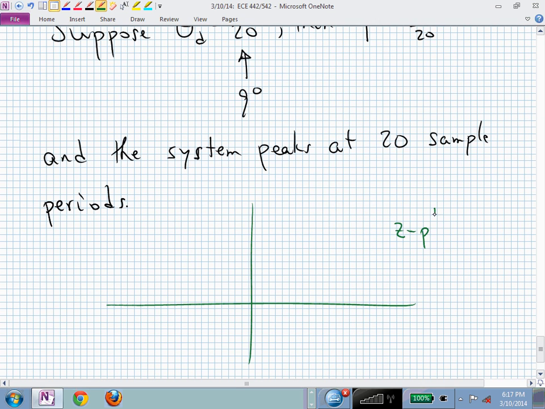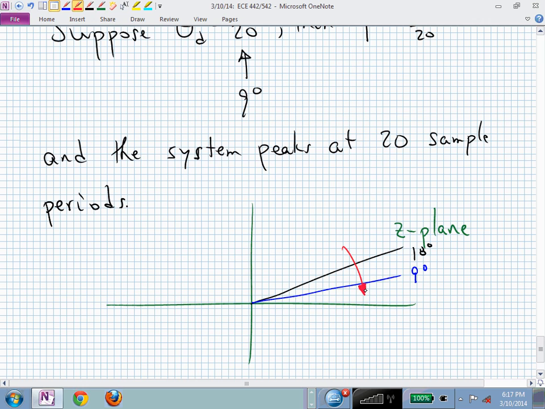If we sketch that now, here is now our z-plane. Suppose I say that this is 18 degrees, and this one is half that, 9 degrees. If I'm moving from 18 to 9, what's happening to my time to peak?